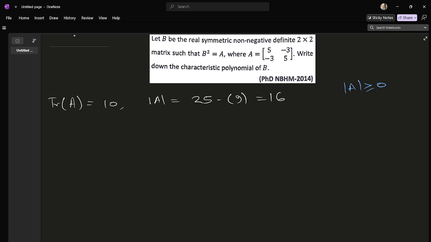So the characteristic equation of A, that means CH of A, is equal to what?